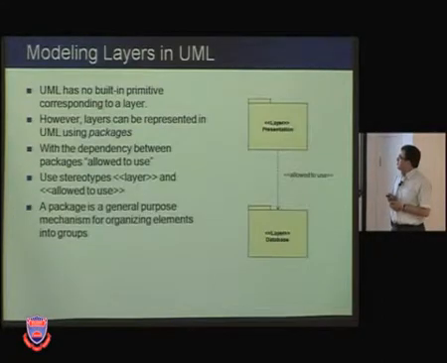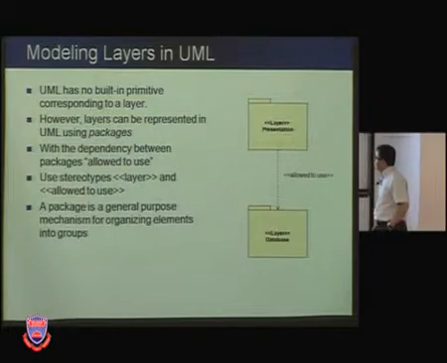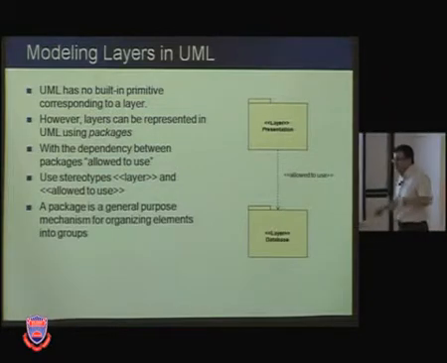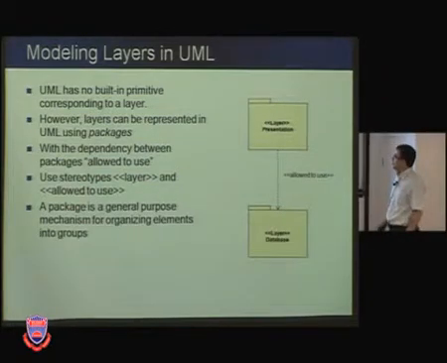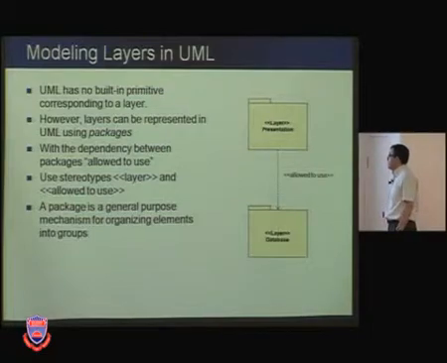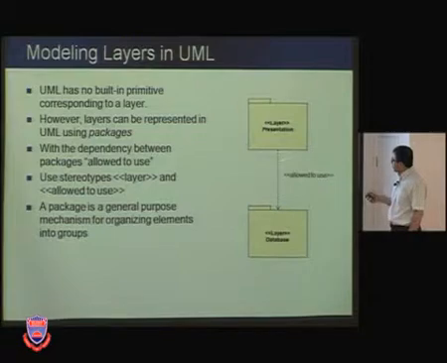How do you model layers in UML? We have seen that we could stack them in the informal notation. UML actually has no built-in primitive corresponding to a layer. You can, however, represent them like packages, stereotyped packages. What's the stereotype here? Layer.